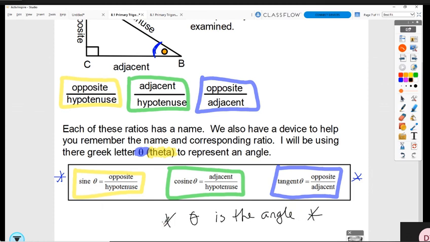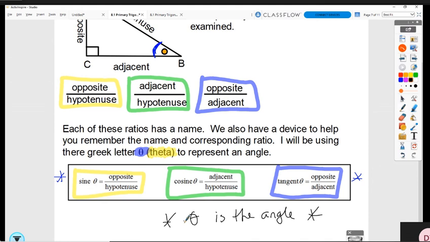The reason why we use theta specifically for angles is because way back in the day, when these mathematicians were doing math, most times in algebra we use x, solve for x, find x, right? It's always x. Everyone got used to x being the side length. They're like, oh, well, x is a side, but then they're like, no, actually it's an angle.